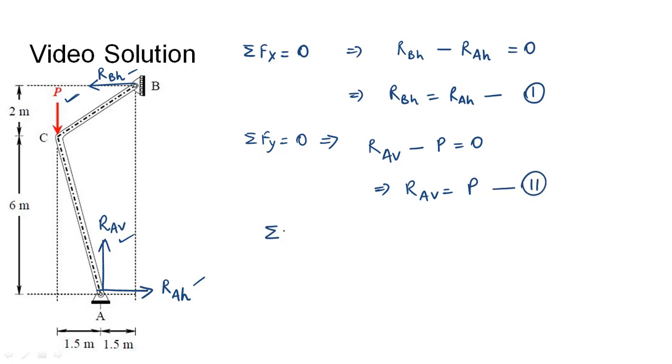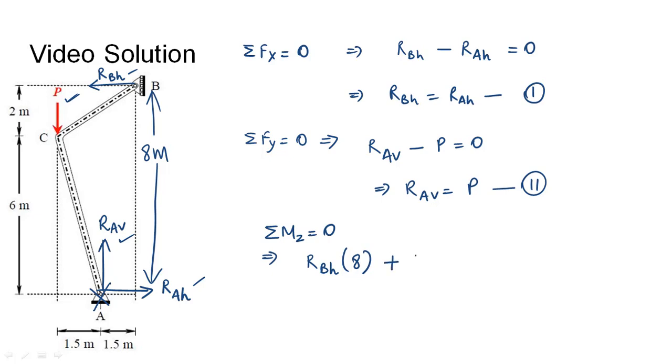Next, what we need to do is the summation of moments about any point equals 0. So for the purpose of simplicity, we will take the moments about A to be 0, so that we don't need to consider the moments of RAV and RAH. So considering the moments of only RBH and P, RBH is at a distance of 8 meters in total from A. So RBH into 8, the moment of RBH and P will be in the same direction.